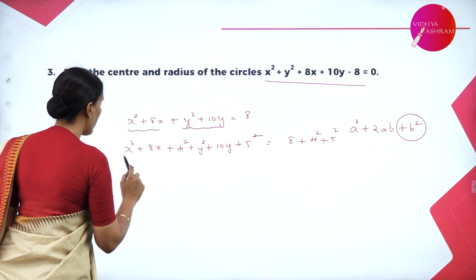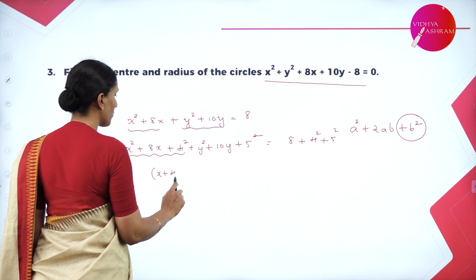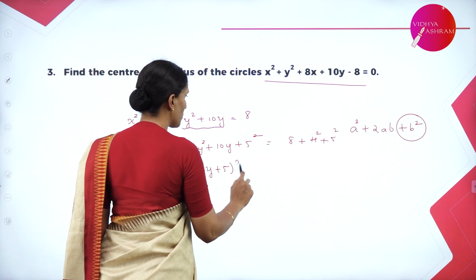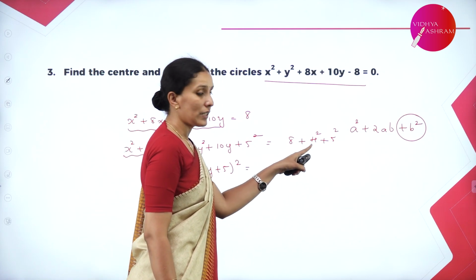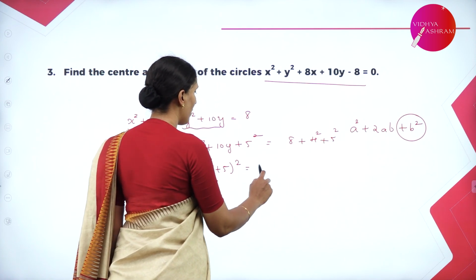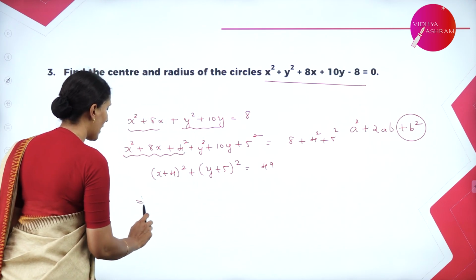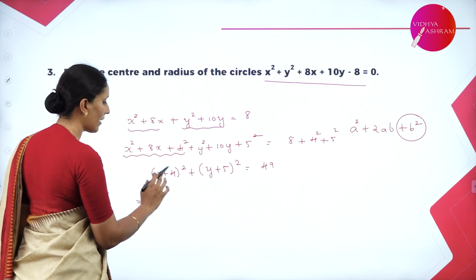Now this is in the form of a square plus 2ab plus b square, which can be written as (x plus 4) whole square, and here (y plus 5) whole square is equal to 8 plus 16. So 16 plus 8 will be 24, 24 plus 25 will be 49. Now to reduce this into standard form, the standard form is in the form of x minus h, but here I have plus.